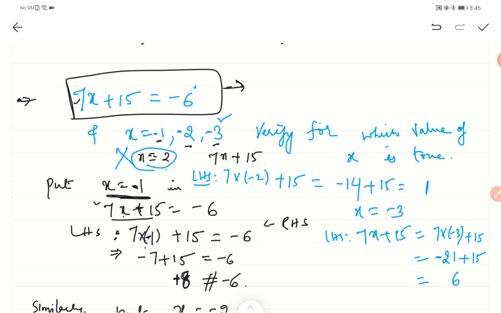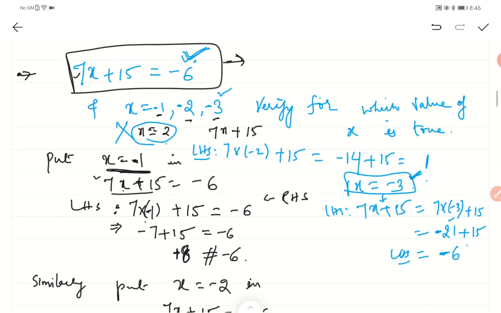It is 6, and the sign is that of the bigger integer, that is minus, isn't it? So -6 we got on the LHS side for substituting x = -3. That is what we have got on the right hand side. Therefore, for x = -3, this equation is true.